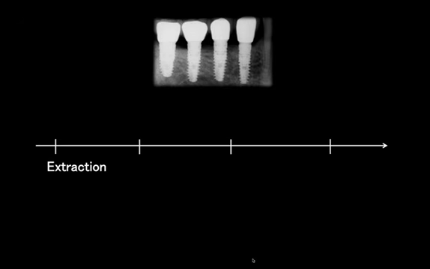The first part is a proper extraction and implant site development with bone that is in good quantity and quality, creating good soft tissue, which is a health benefit but also improves the aesthetics, and having accurate implant positioning or placement. And when you have all four components, you are very successful in implant dentistry.